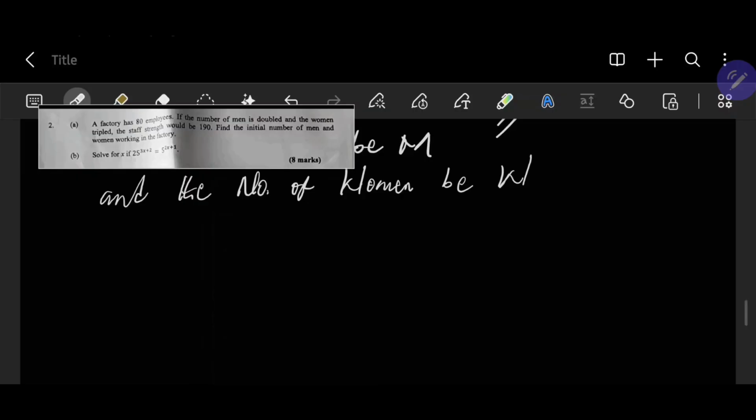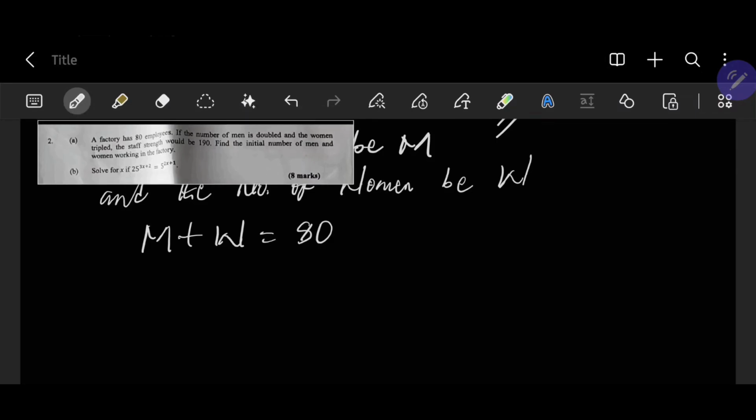So we can then write the first equation as m plus w equals 80, because we know that initially they have 80 employees as stated in the question, and these employees include the number of men and women. So if you add the number of men and women, you're going to get 80. We can call this equation 1.